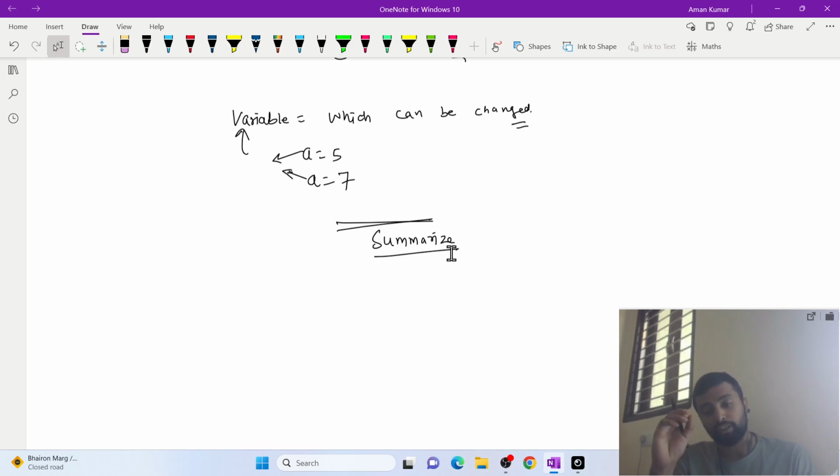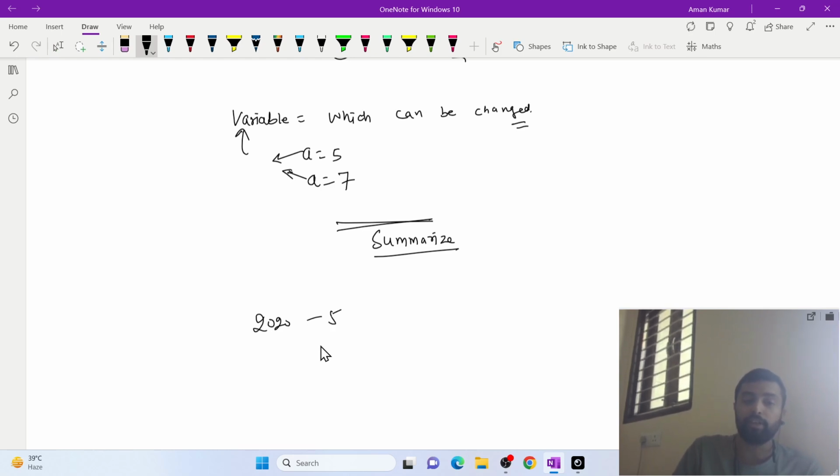And then we saw the definition of variable. A variable is a reserved memory location to store values in the RAM. We also saw why we say variable: because the value you are storing, let's say 5 at memory location 2020, can also be changed.